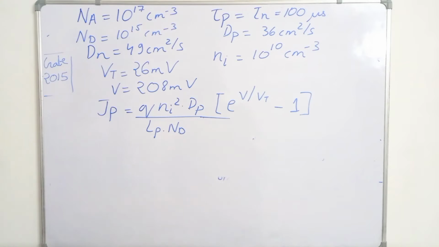So this is the injected current density due to holes moving from P to N.